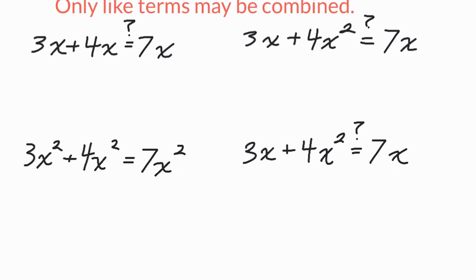So at home, you can try plugging numbers in for x. Just think of any number you want and plug it in for x and see if you always get the same thing on both sides.